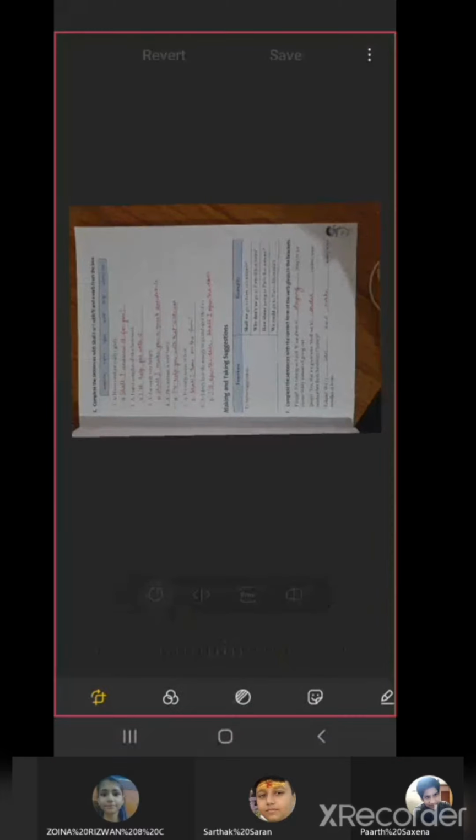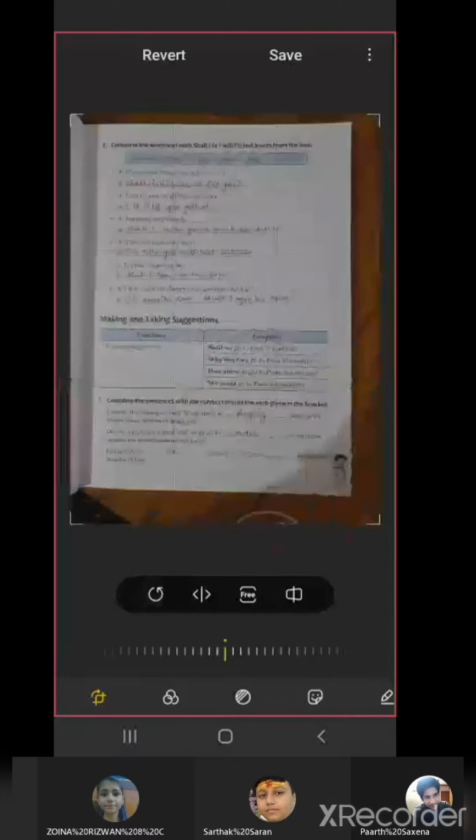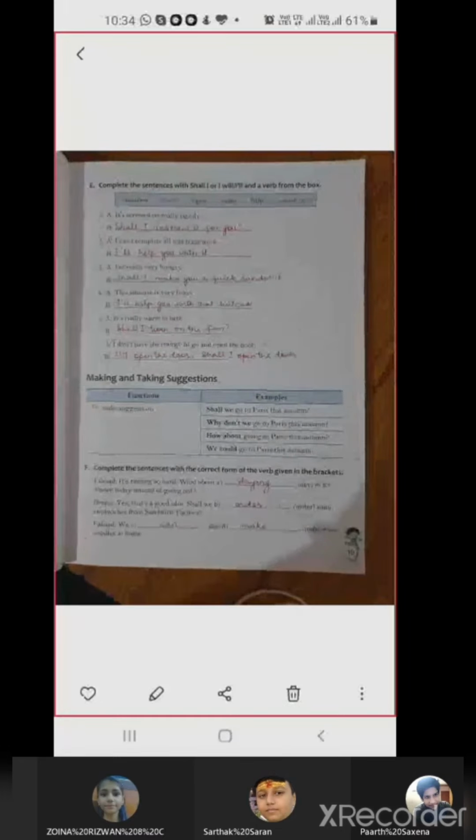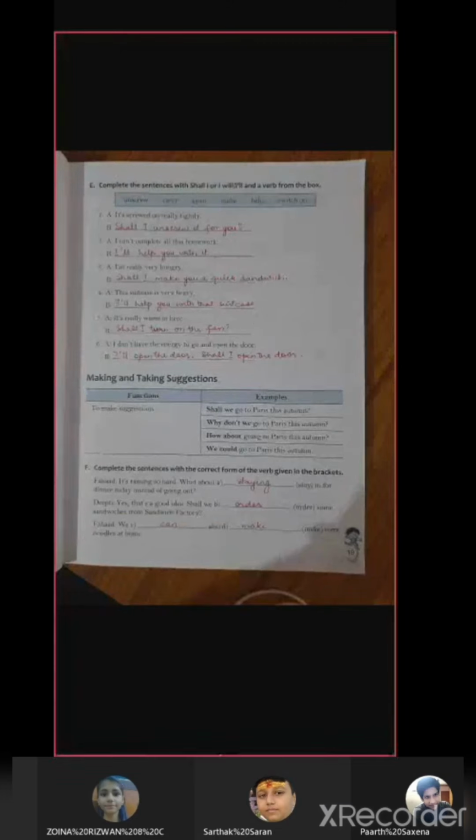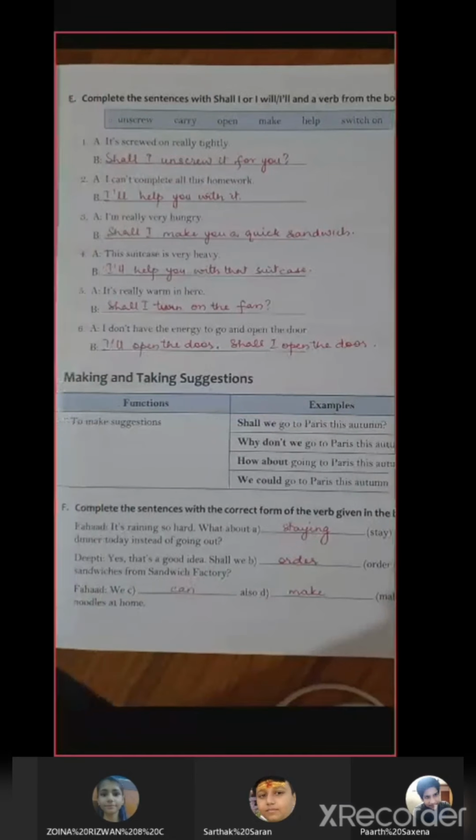Now come to the exercise. Okay. First one, shall I unscrew it for you? Question mark. Number two, I can't complete all this homework. Answer, I'll help you with it. Full stop.